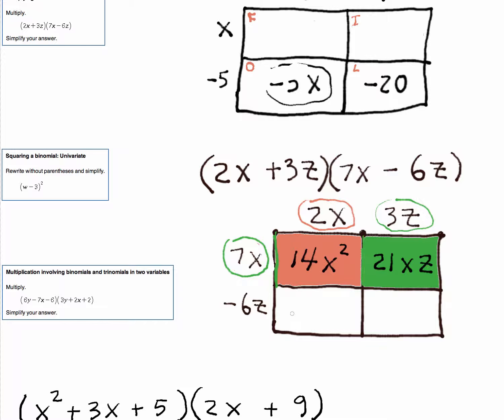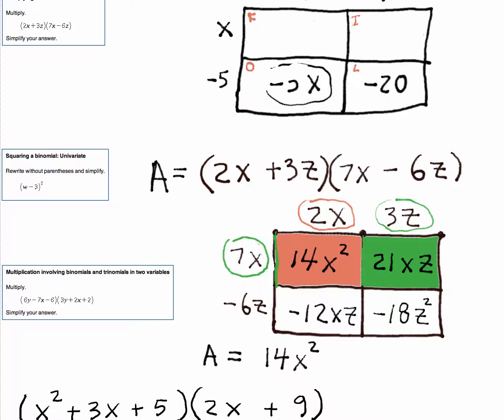In a similar manner, down here we get minus 12xz, and here we get a minus 18z squared. So, to make a long story short, if this is our symbol A, A is also equal to what I get when I add these up, or it's 14x squared.